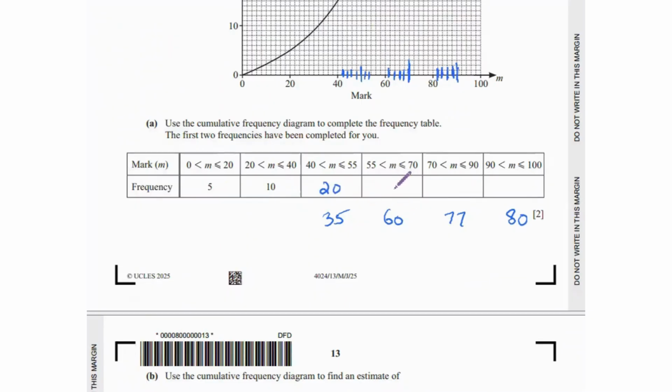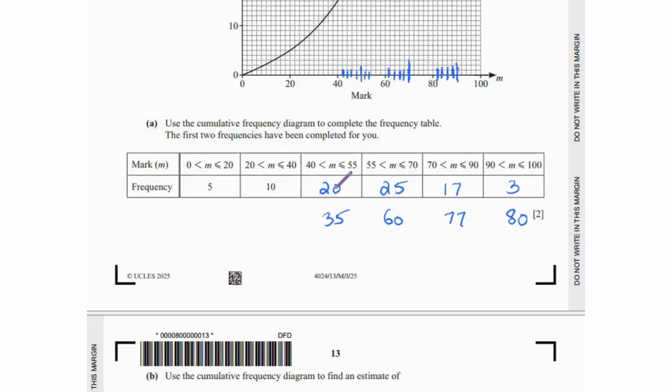Then 60 minus 35 is going to be 25. 77 minus 60 is going to be 17. And 80 minus 77 is going to be 3. So as you can see, we're subtracting consecutive cumulative frequency values. Once again, when we're trying to find the cumulative frequency, we add consecutive frequency values, and when finding the frequency from cumulative frequency, we subtract.